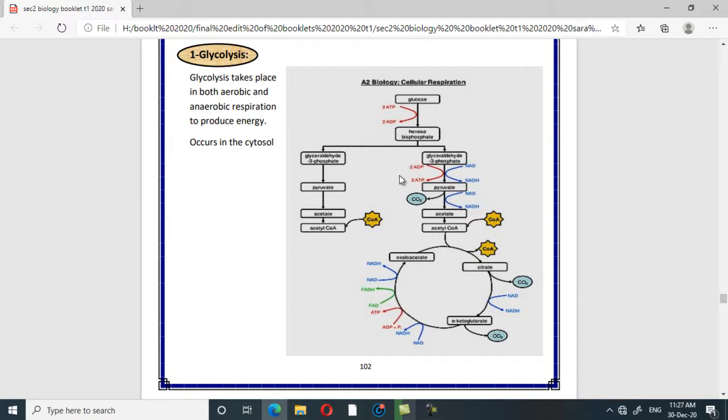What is NADH? NAD is a coenzyme inside the mitochondria, a carrier or receptor for hydrogen, which will be reduced to form NADH to carry this hydrogen to the last step, the electron transport chain.